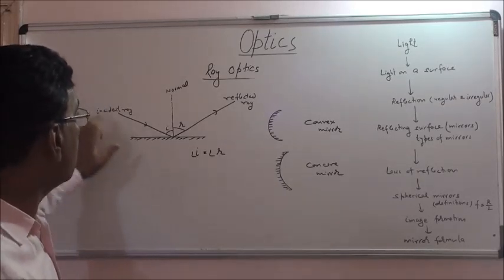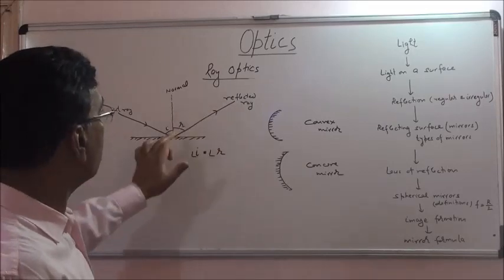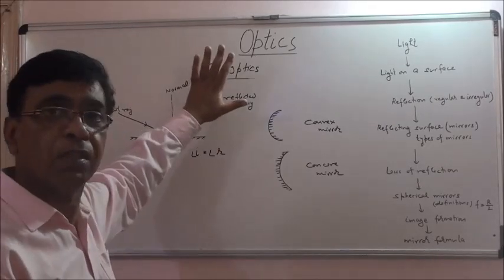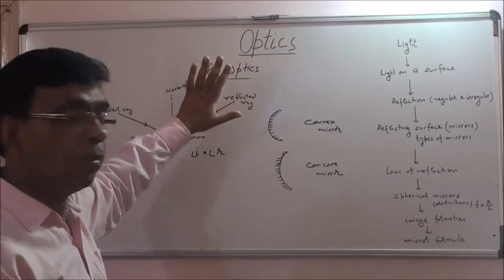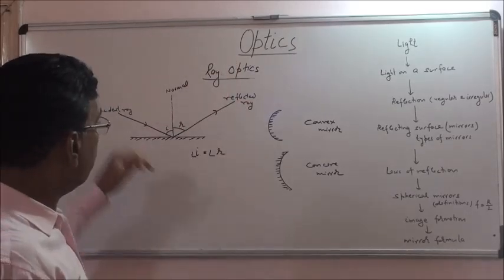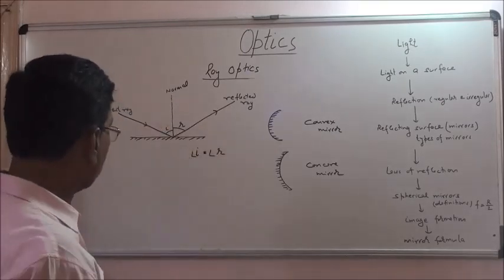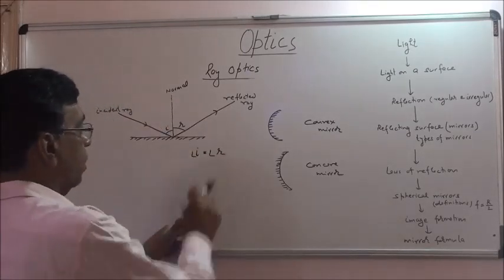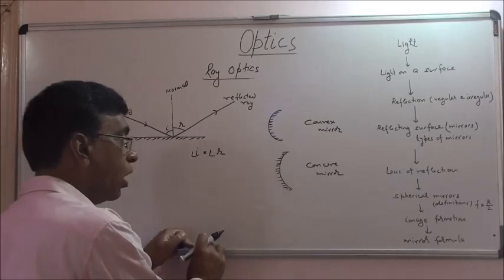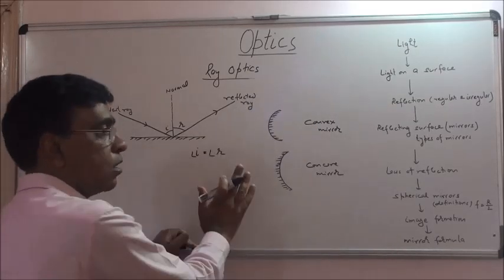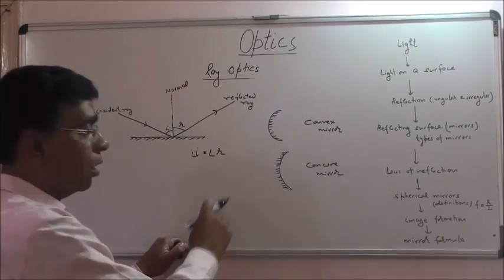And the second one says that the incident ray, reflected ray and the normal always lie in the same plane. Same plane means if I take the incident ray in this plane, this board, and I draw a normal like this, then the reflected ray will also be in this plane only. It won't come out.